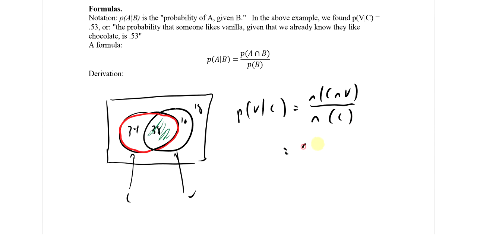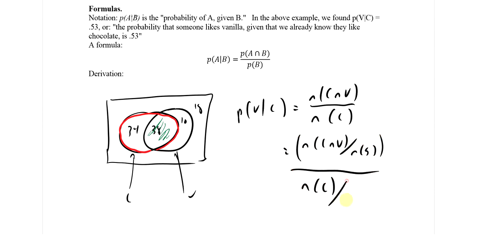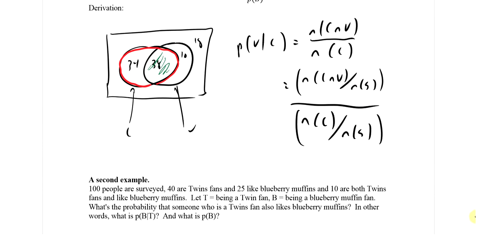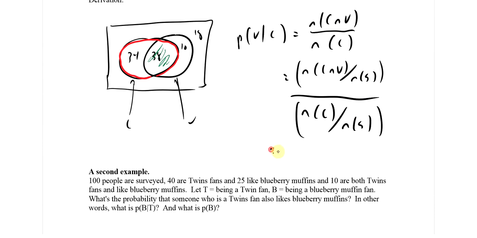Now, we can always divide top and bottom of a fraction by the same thing, and that doesn't change anything. So if we divide top and bottom of this fraction by n of S, which is the number of people in the entire sample, that doesn't change anything. Oh, I'm running out of space. And so this thing on top here is the probability of chocolate intersection vanilla. This thing on the bottom is the probability of chocolate.